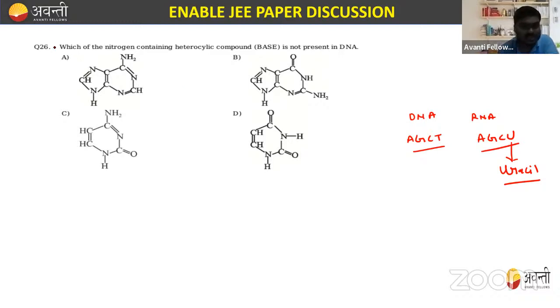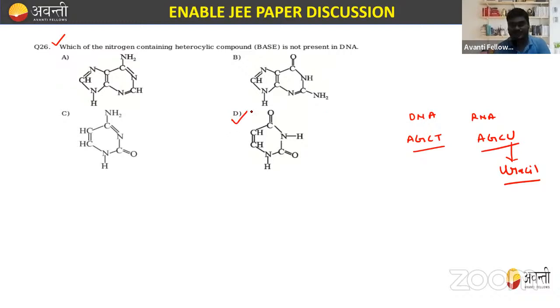So what does the question ask? Which nitrogen-containing heterocyclic base is not present in DNA? That is uracil, so uracil is absent in DNA. Many of you found difficulty in remembering the structure of uracil, so this is the structure of uracil.